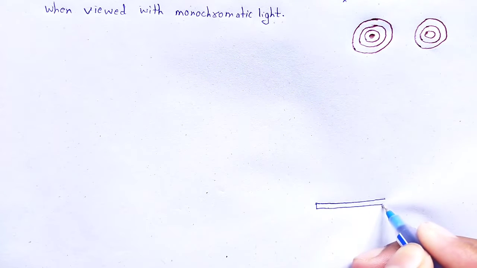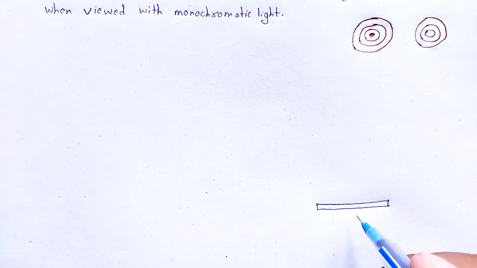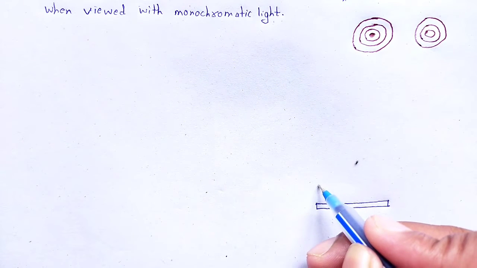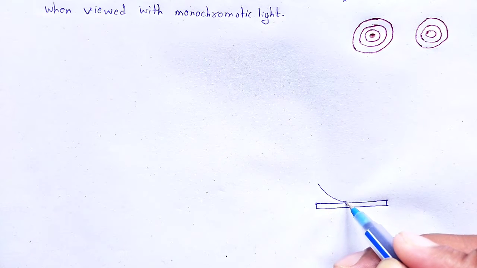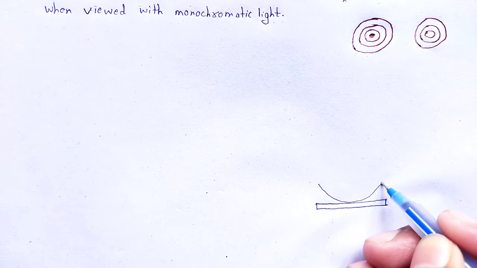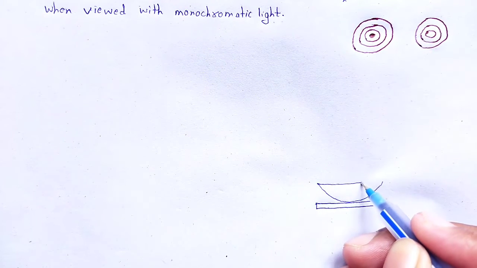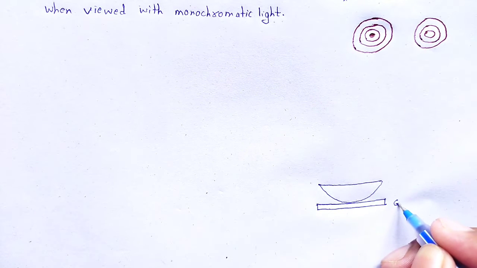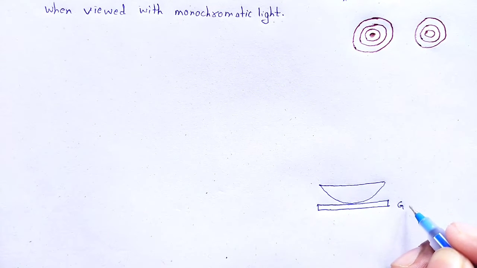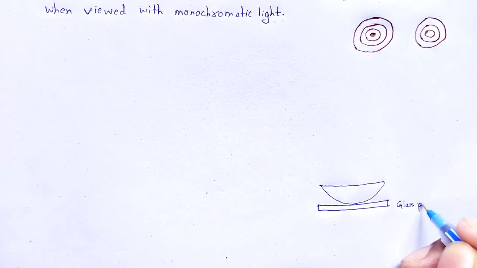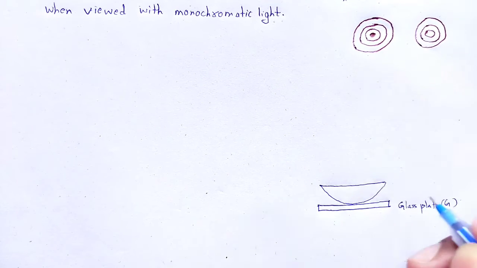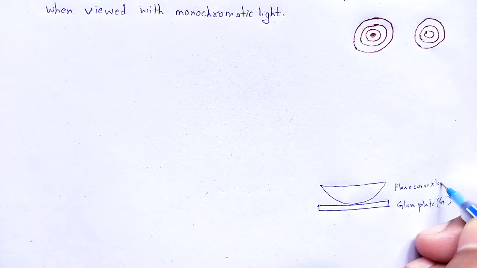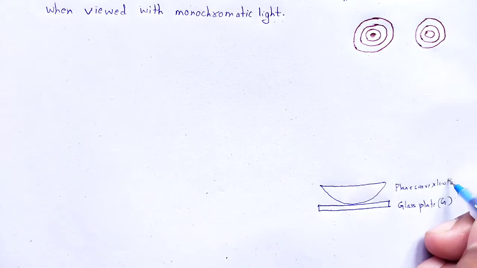A glass plate and a plano-convex lens. This is the glass plate, let it be G, and that one be the plano-convex lens, let it be L.